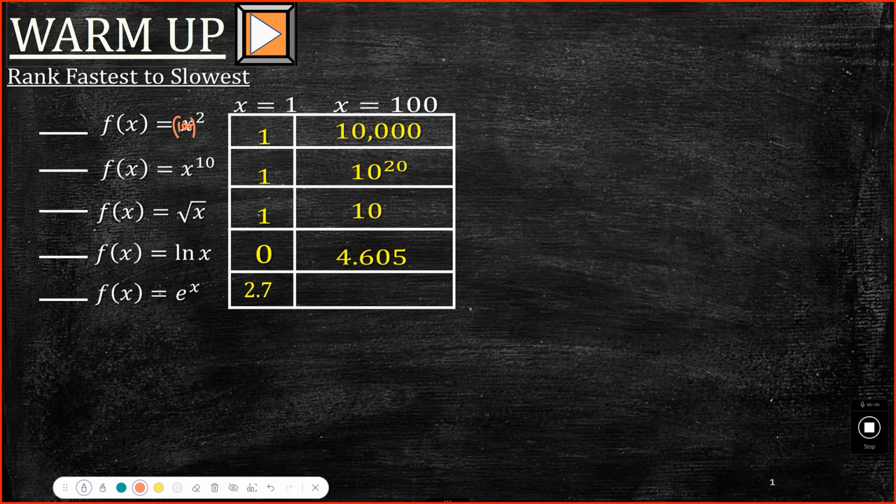What's e to the 100? The calculator gives some number using exponential notation: 2.69 times 10 to the 43rd power.